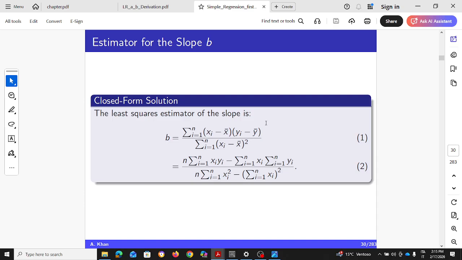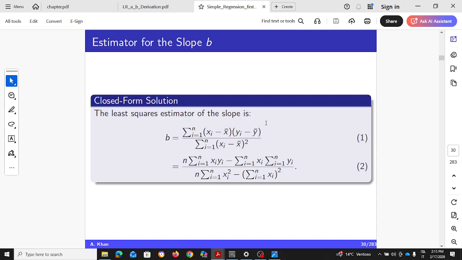And here we want to know what is the best A and what is the best B. And then we said this is a function of A and B. And by the least square criterion, we said we should sum all those numbers, which are yi minus y hat, and we square them.